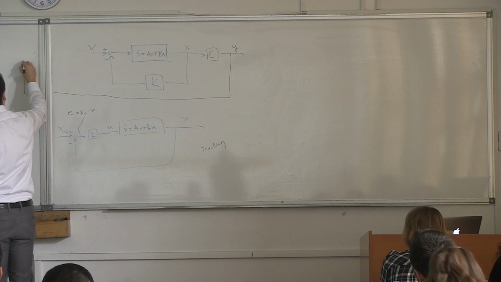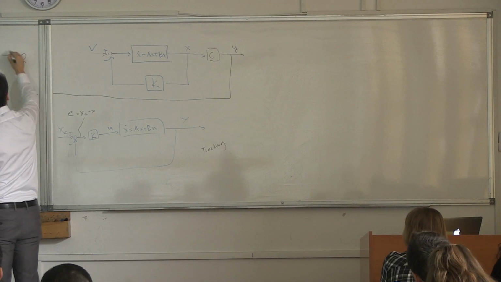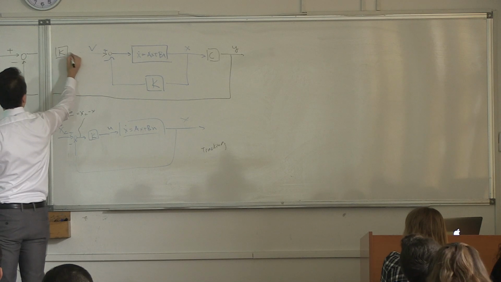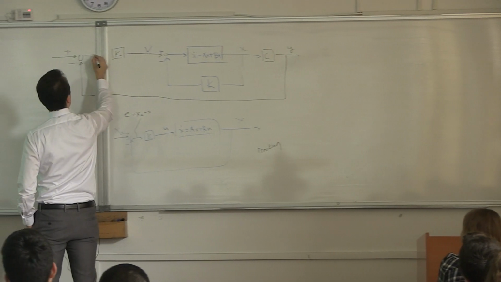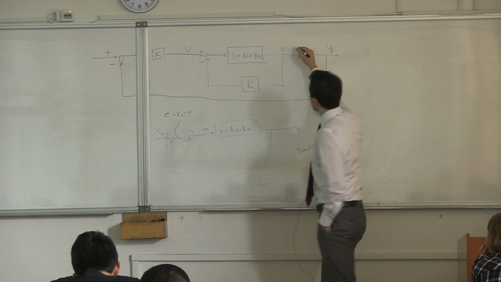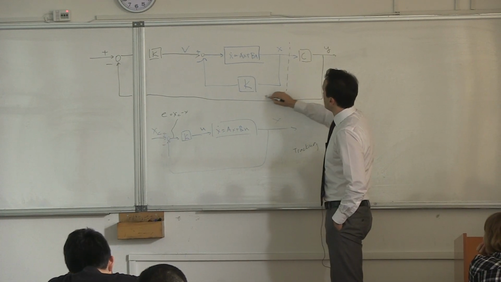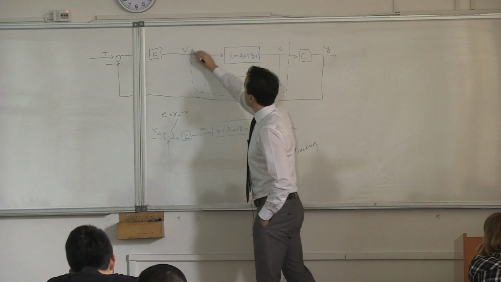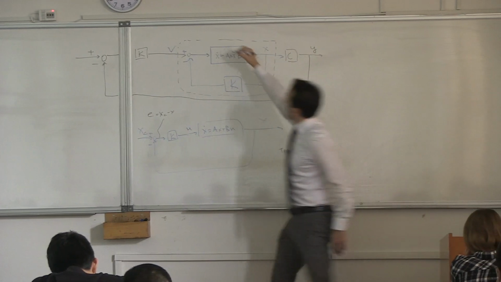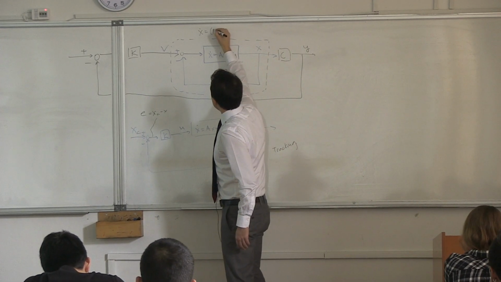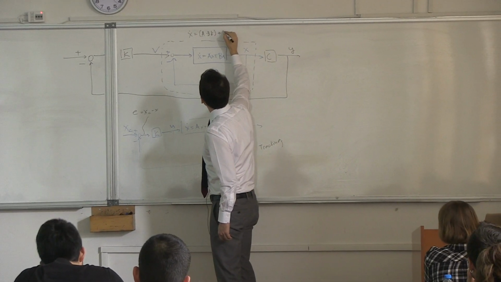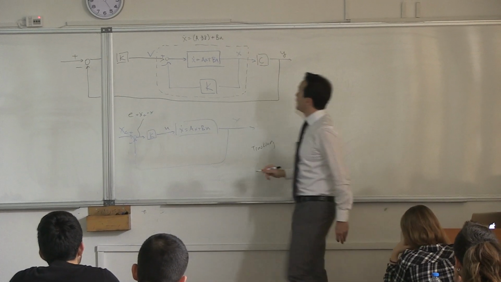plus minus, and this would just simply go over here, okay? This would be a tracking problem. So what you have now is this closed loop system, which is actually, again, x dot is equal to a minus bk plus bu, right?